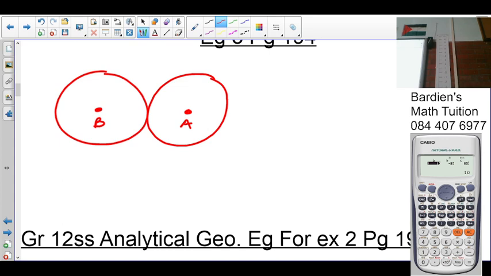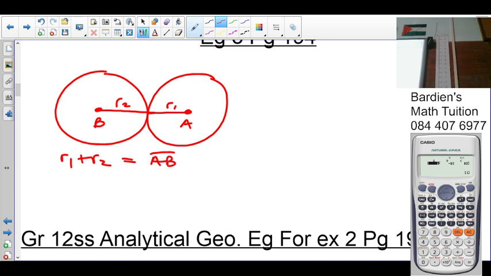People, listen. If this is R1 and this is R2, if R1 plus R2, the length of R1 and R2, which are the radii of the circles, is equal to the distance AB, then what can you conclude about those two circles?